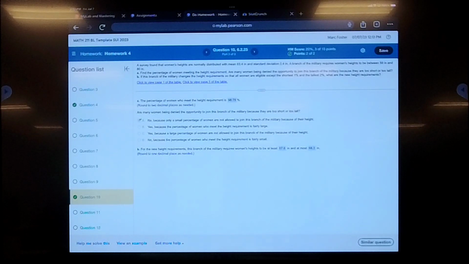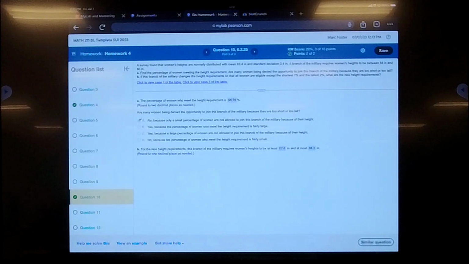Has to be at least 58 inches. You need to read part B at the top, because this down here is the answer to that question. Except the shortest 1% and the tallest 2%. What are the new height requirements? What would I do then?